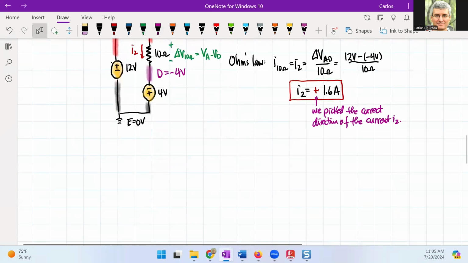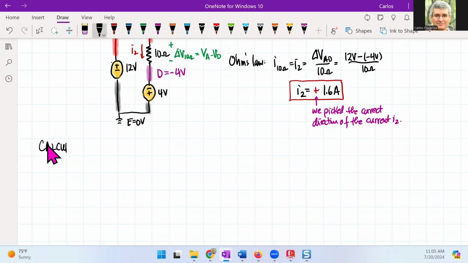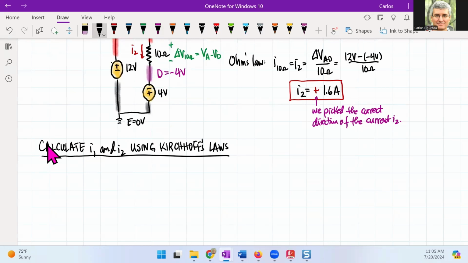But now we want to do the next one here. Now we want to calculate I1 and I2 using Kirchhoff's laws. All it does here is show you a different way of doing this.